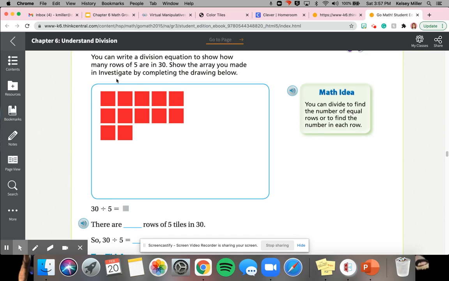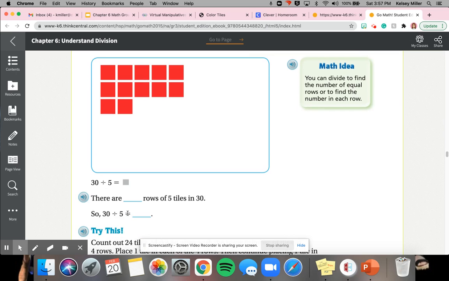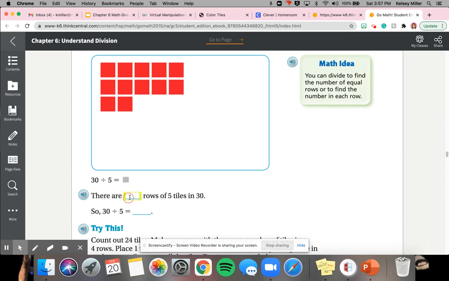Yep, the number of rows represents the quotient. So that is our answer. So there are blank rows of 5 tiles in 30. Well, we know that there are 6 rows of 5 tiles in 30. So 30 divided into rows of 5 is going to give us the answer 6.